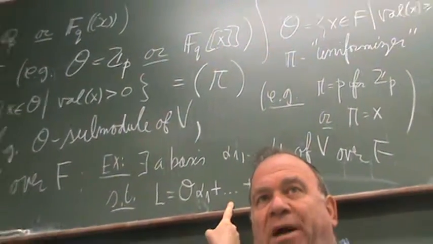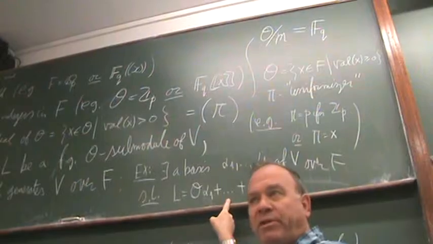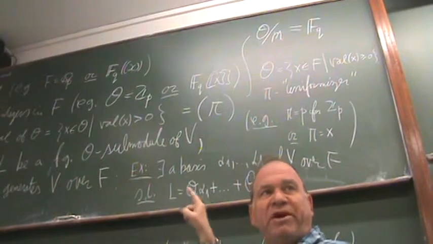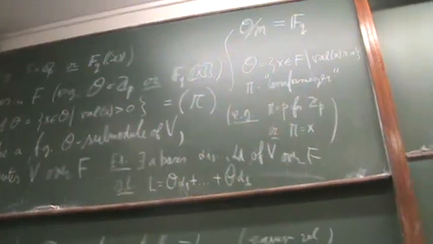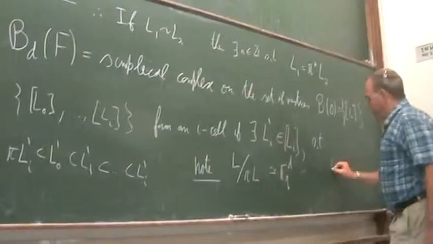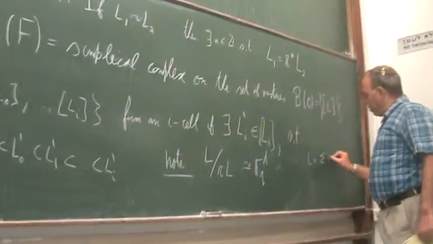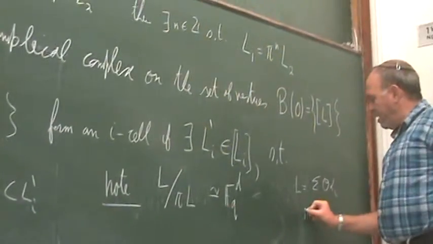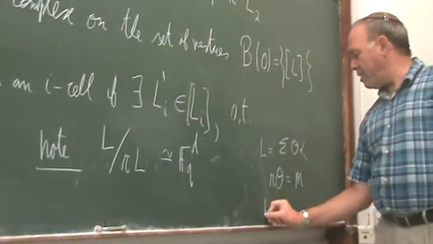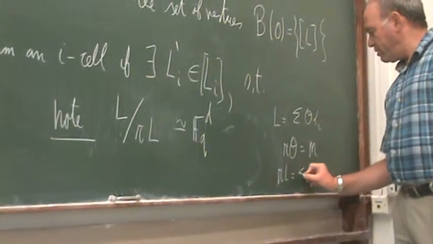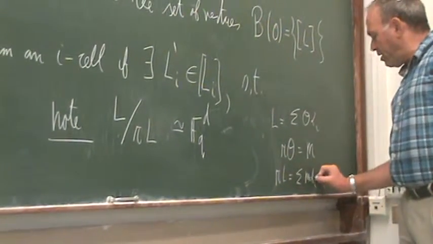So L over pi L is simply the finite vector space, right? Because L is the sum of O alpha i, and pi O is exactly M, so pi L is the sum of M times alpha i.